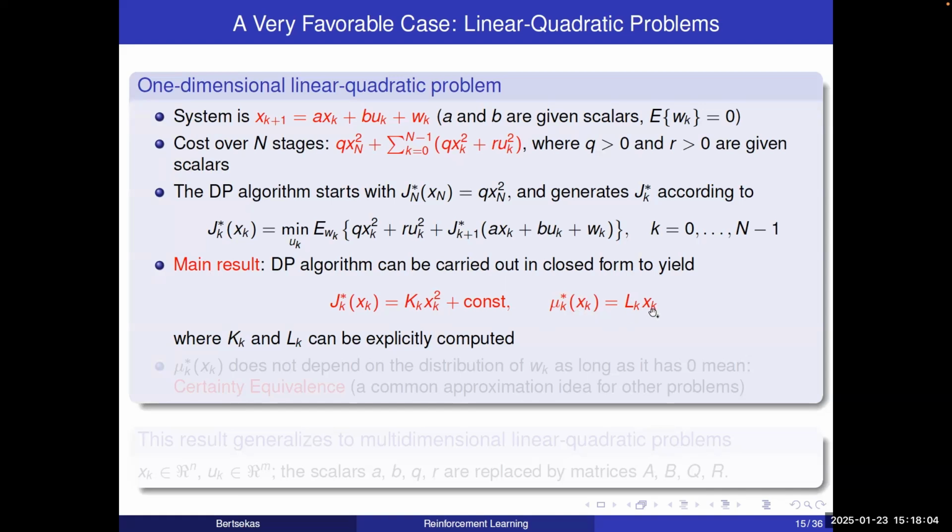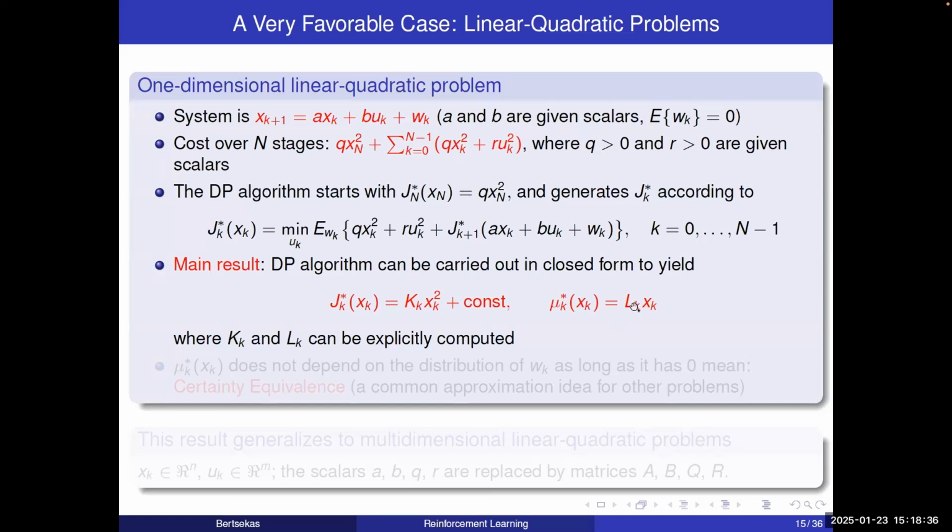And moreover, the optimal policy is a linear function of the state, where L_k is a number that can be explicitly computed. So quadratic optimal cost for the tail subproblems, and an optimal policy that's linear. And the K_k and the L_k can be obtained with a dynamic programming algorithm.